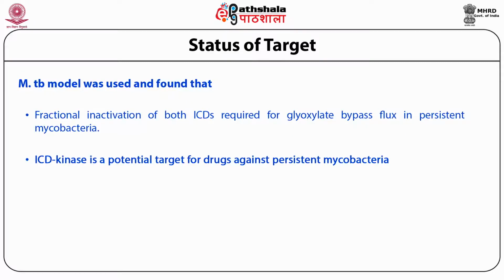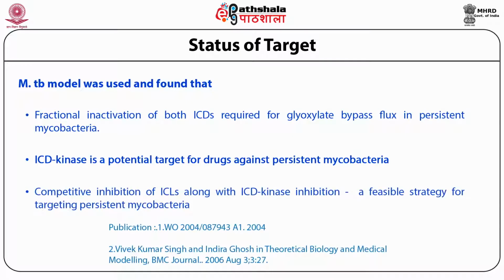So, the target should be competitive inhibition of ICL along with inhibition of ICD kinase. So, what is this called? Entrapment of the bacteria to follow, under persistence condition, the full cycle of the TCA. This can be achieved only if we have a molecule which is a kinase inhibitor.